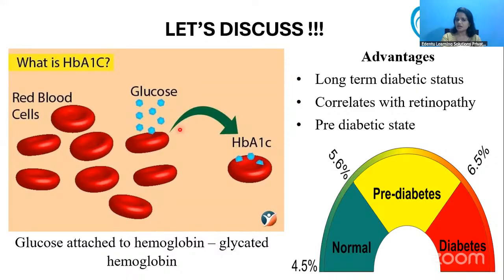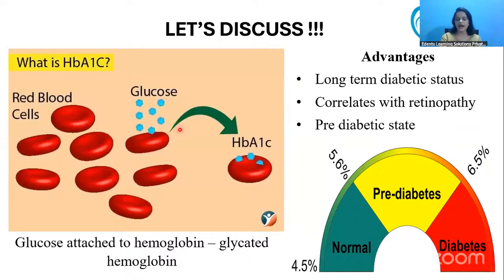Since their lifespan is about 120 days, by analyzing the RBCs we can analyze the glucose status of the past 120 days together. That's why the HbA1c test, or glycated hemoglobin test, is the one we use to check the diabetic status of the patient for the past 3 months.